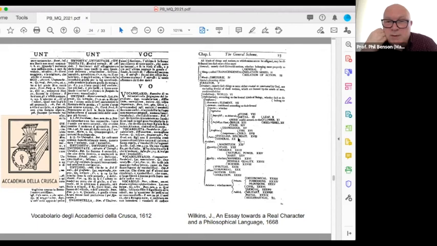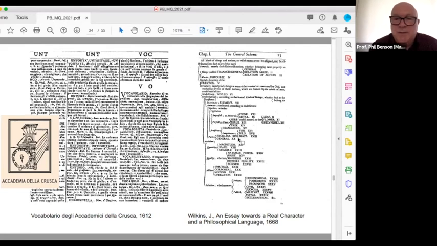Oddly, he doesn't seem to have noticed that the conceptual language, which is better than English in his view, is actually English. So they struggled with this notion of how they could represent concepts without using an existing language. And in this case, he did choose to use English.